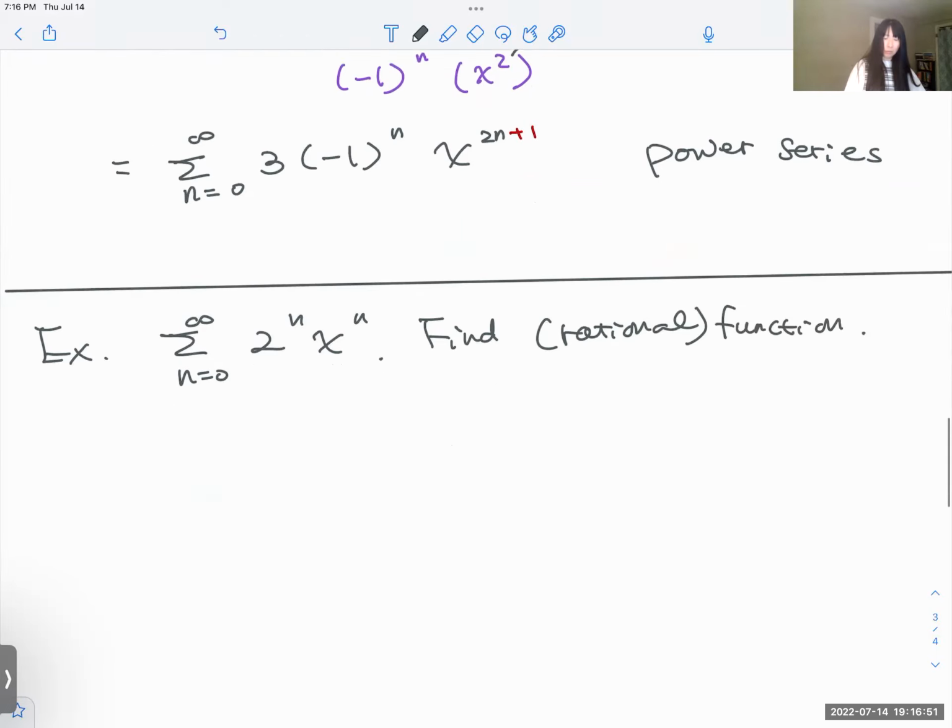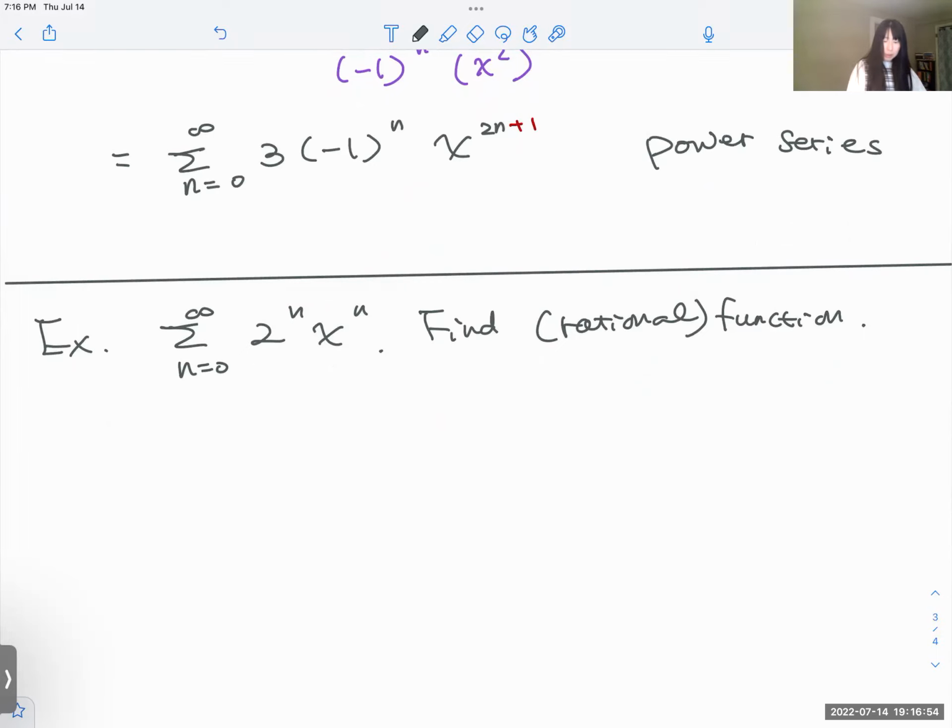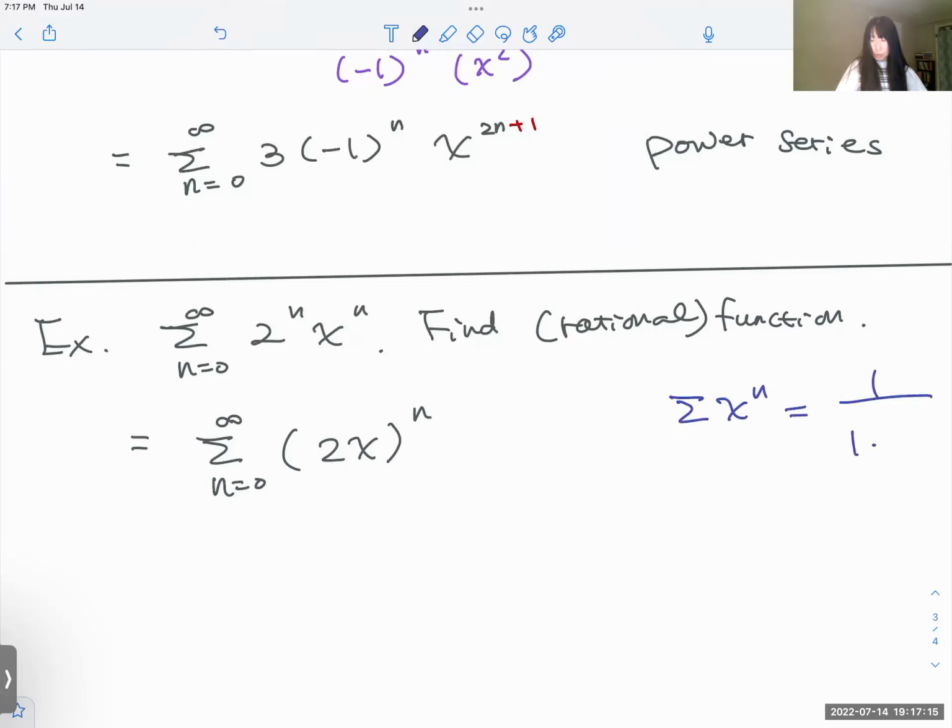Easily to see, this will be n equal to 0 to infinity, so we can say that 2x to the n power, right? But then look, once again, the basic power series, summation x to the n, is 1 over 1 minus x. So this whole thing will be 1 over 1 minus 2x. Done, right? Good.